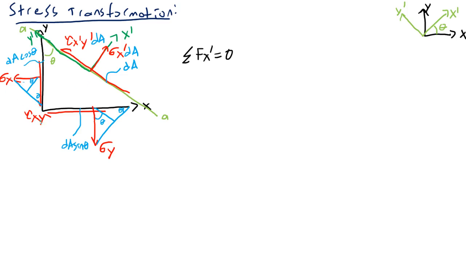This is going to be tau xy dA sine theta, because that's the area this acts upon. This one would be tau xy dA cosine theta, because that's what this area is, and so on. This will produce a force of sigma x dA cosine theta.